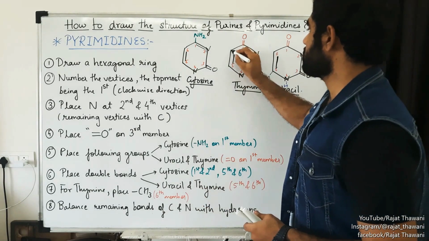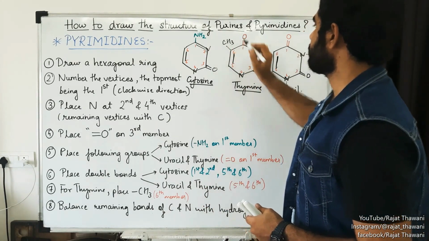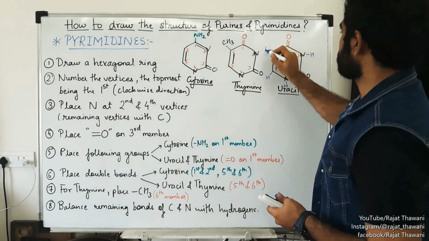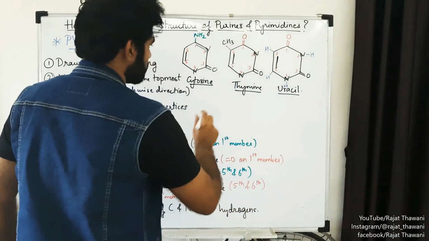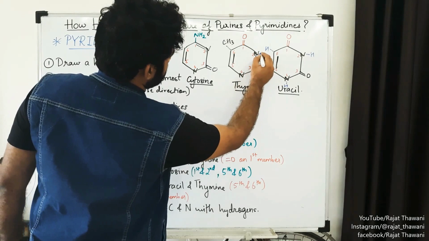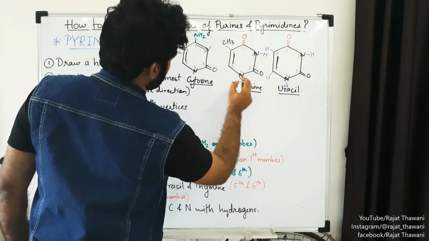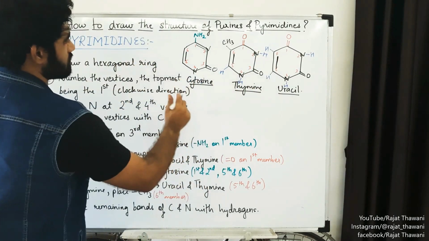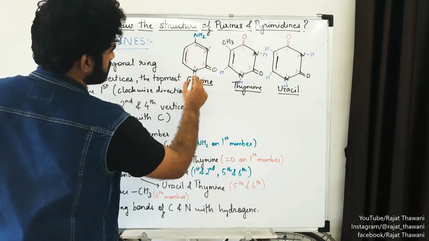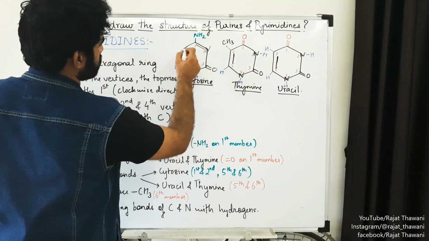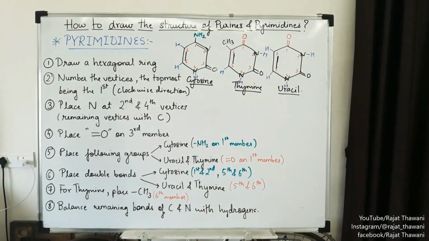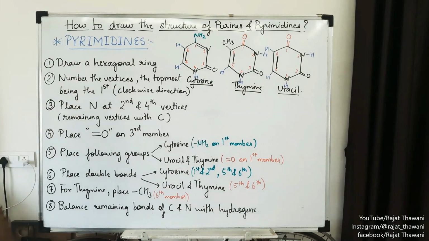So thymine, CH3 on sixth. Here hydrogens for thymine. For cytosine, there won't be hydrogen where a double bond exists. See, all the three structures are ready.